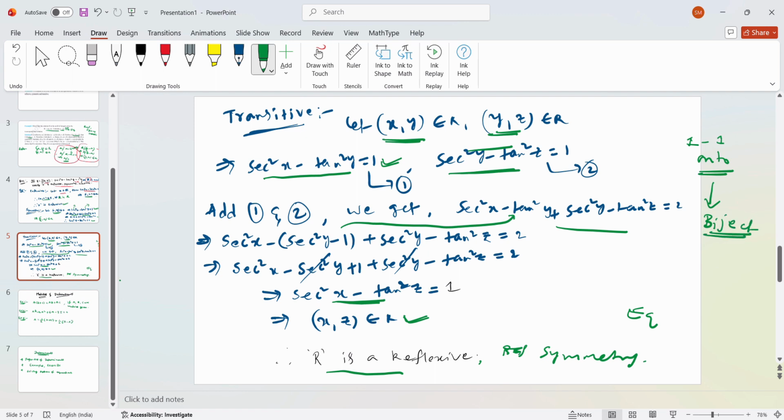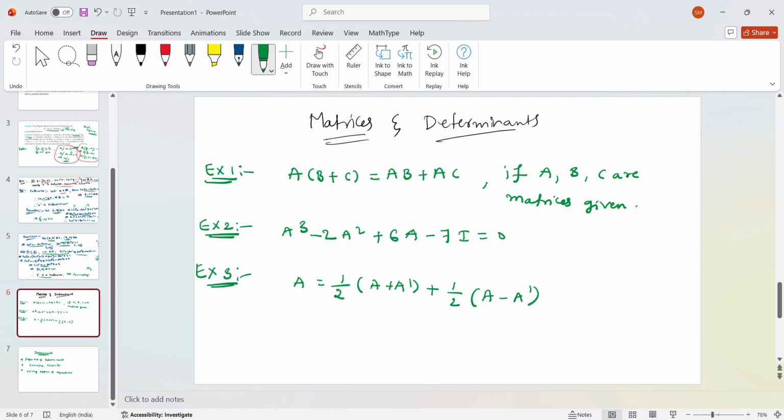That bijective function concept I had explained in another video, so that link I'll be giving in the description. Kindly go through it. And how we can define the inverse function, that also I had explained with the help of the bijective function. Okay, a few important questions also I have given there. Kindly go through it.